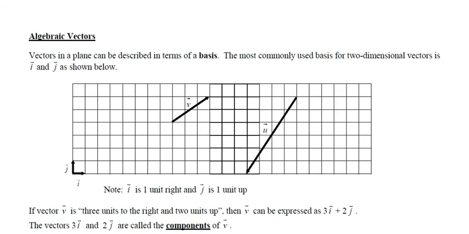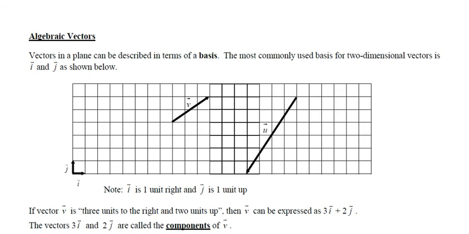Algebraic vectors. Vectors in a plane can be described in terms of a basis. The most commonly used basis for two-dimensional vectors is i and j, as shown below. So i is what we would have called the x-axis, and j is the y-axis.